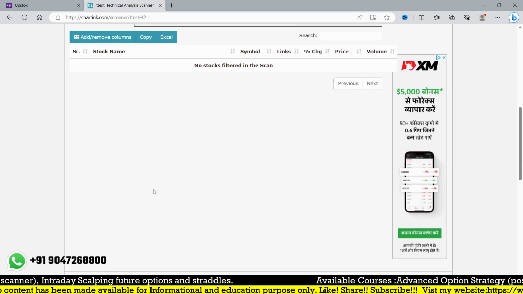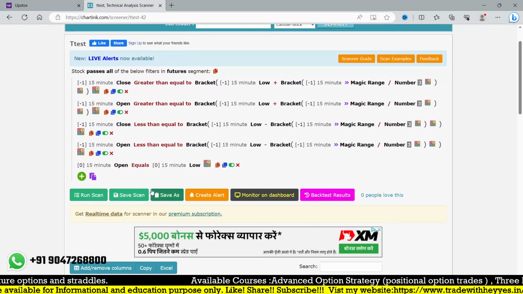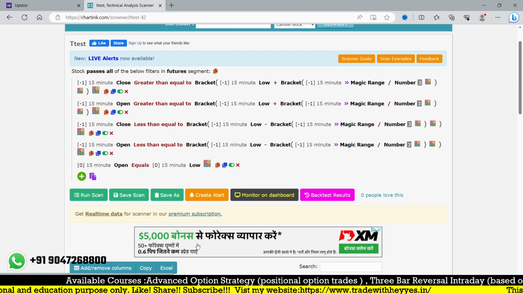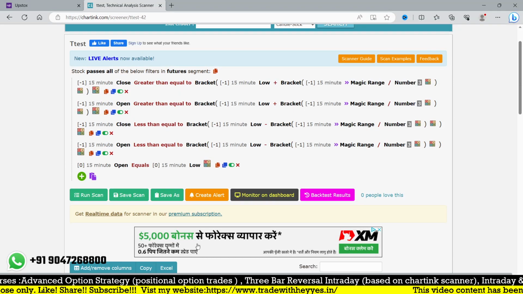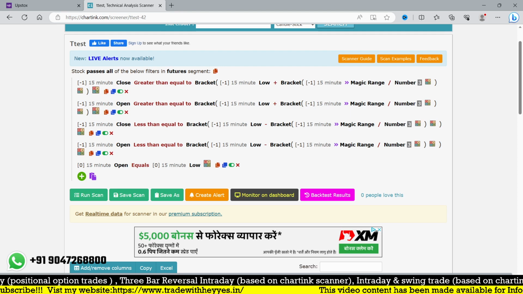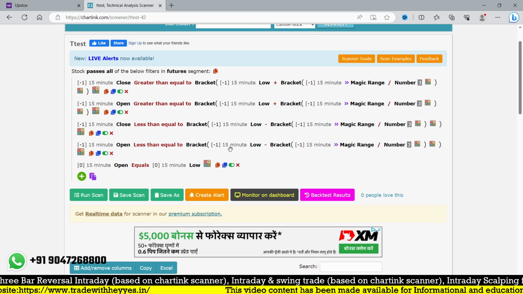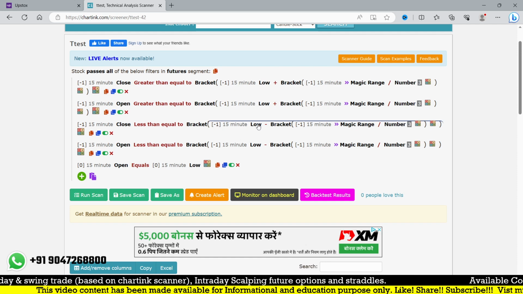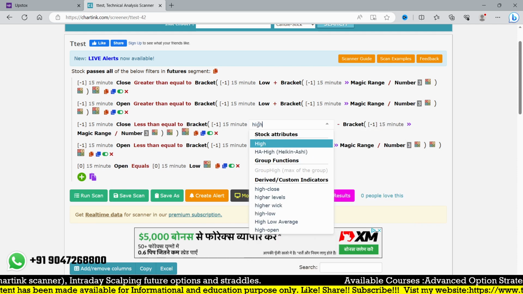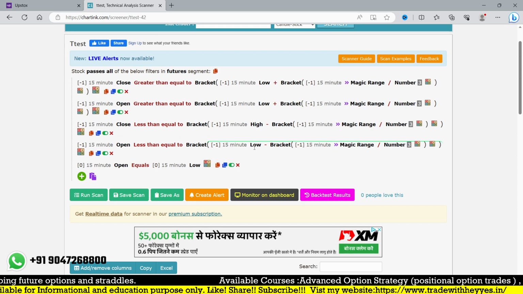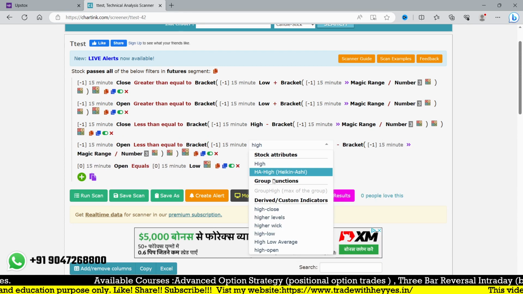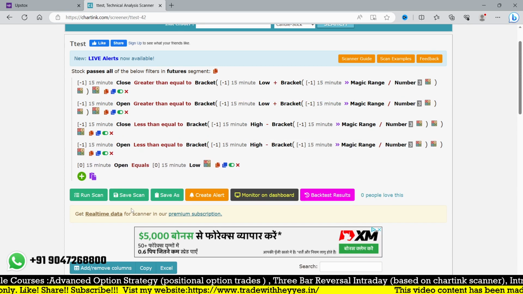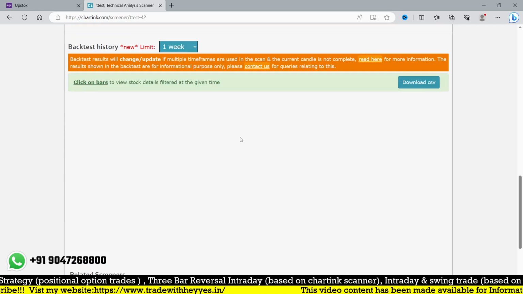So one of the scanners which I'm going to create. Yeah, so 15 minutes low. Sorry, here we have to hide from the highest level. Okay, these are conditions 1, 2, 3. Okay, let's run this. Any stocks will be there.